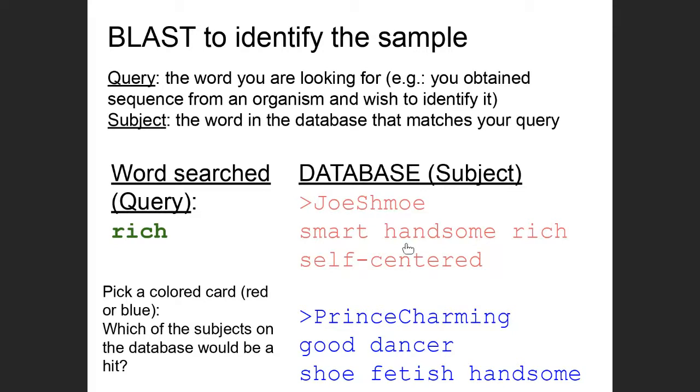He's smart, he's handsome, he's rich, and he's self-centered. And there's Prince Charming. He's a good dancer. He has a shoe fetish, and he's also handsome. So in the chat, which of these two guys will match my very deep search for a rich soulmate?